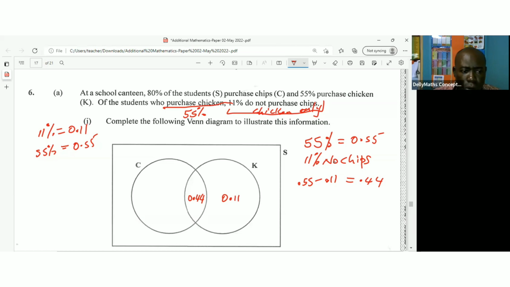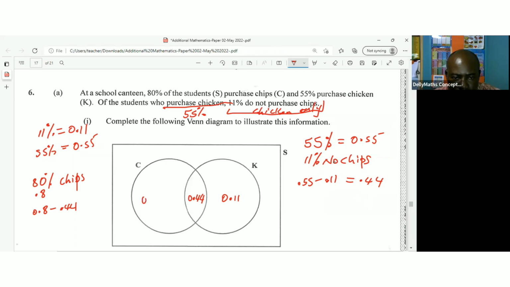Now remember, we got 80% for those who purchase chips overall. So if I know that, and I'm looking at 0.44, 80% for me is 0.8. So to find 0.8 minus 0.44, that's 0.36.